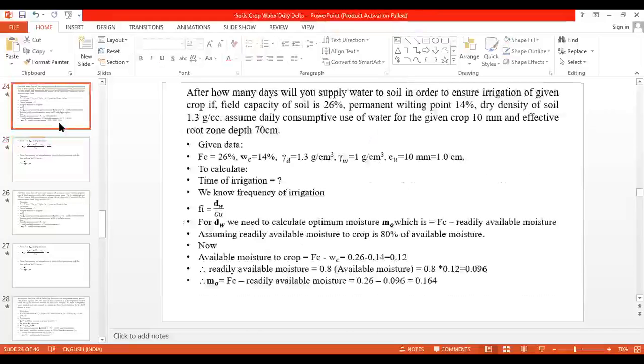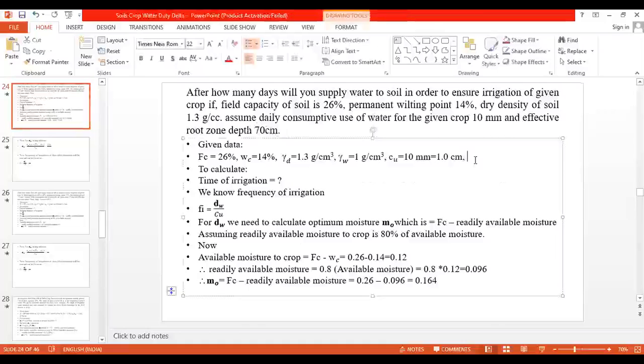They had given us the effective root zone depth as 70 centimeters. Just a minute, here I forgot to mention, D is equal to 70 centimeters, they had given us directly.